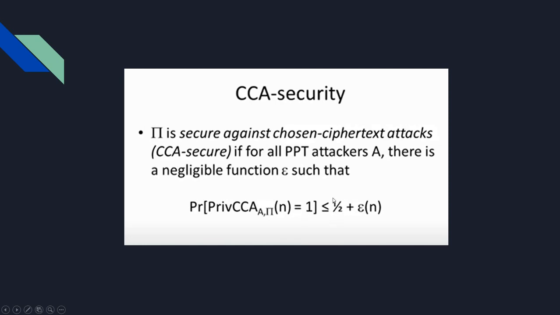That is, the probability that the attacker identifies the challenge ciphertext correctly should not exceed 1/2 plus epsilon. This definition looks similar to the CPA security definition, but the main change is that in the experiment the attacker is given more power. He can now access the decryption oracle as well as the encryption oracle any number of times. So this increases the strength of the security.